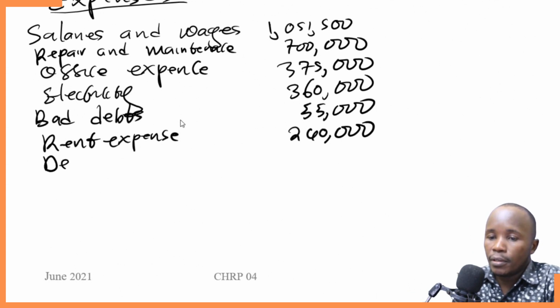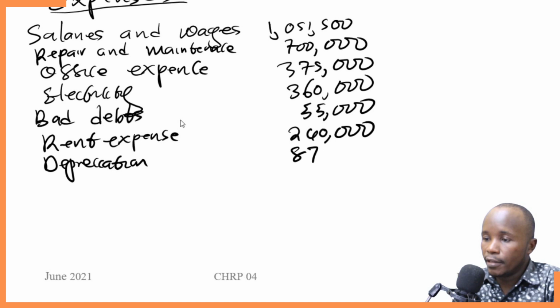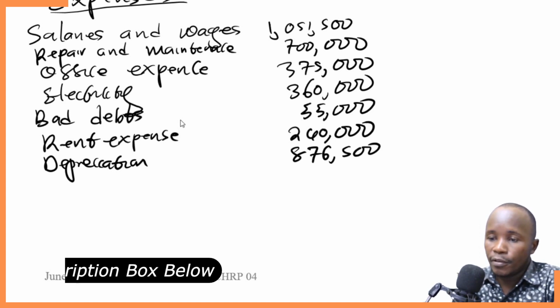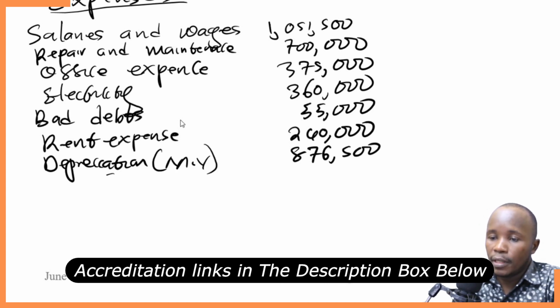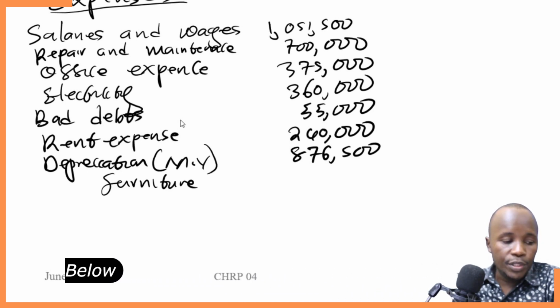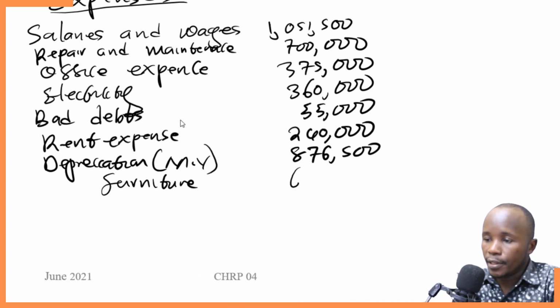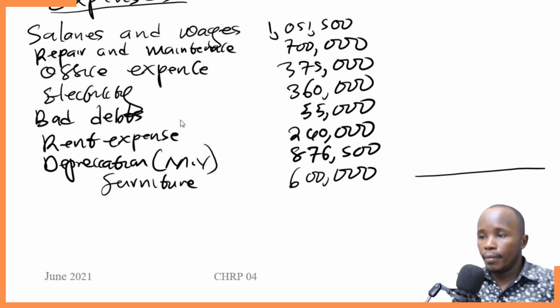Depreciation here for motor vehicle was 876,500. Then we have furniture depreciation is 600,000 from the workings.